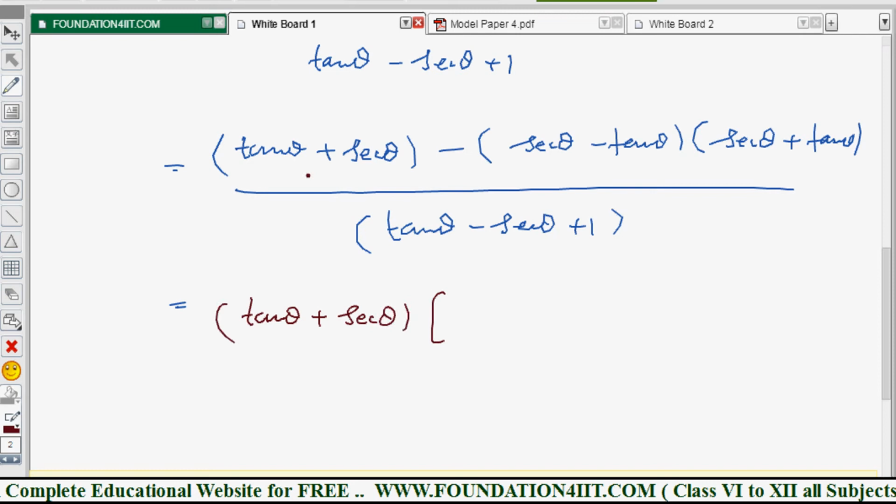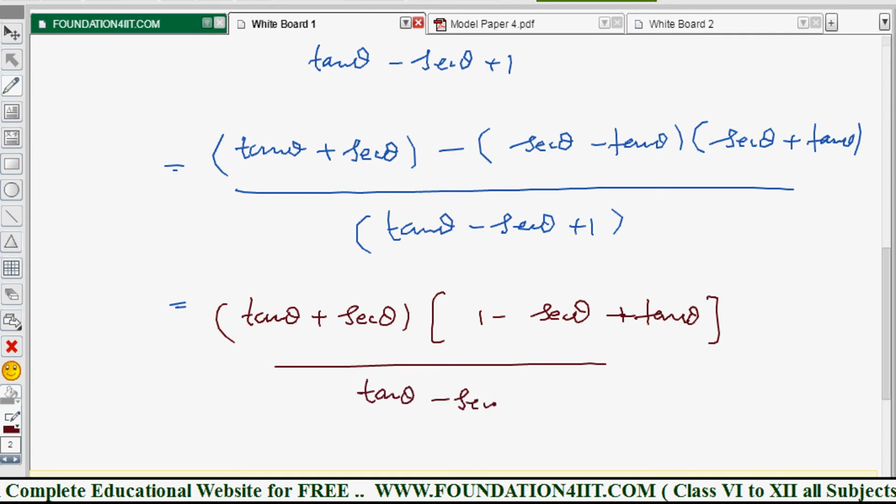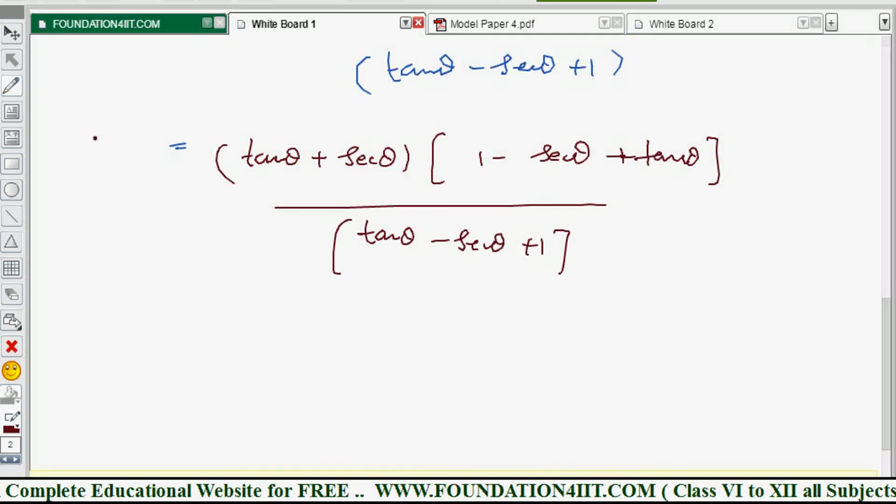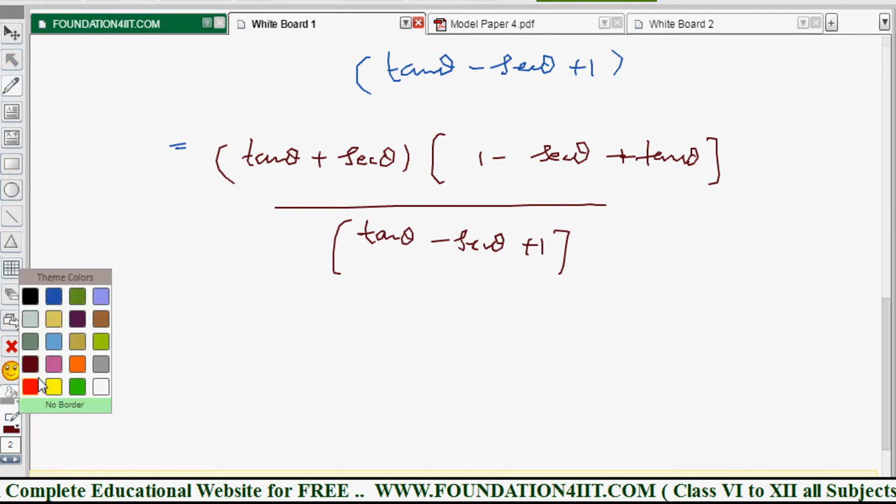Then remaining here is 1 minus, and here sec theta, then remaining is the rest, so minus sec theta, and minus into minus is plus, tan theta is left in the numerator, divided by the same denominator, tan theta minus sec theta plus 1. If you observe the numerator and denominator, these brackets are the same. Here plus 1 minus sec theta plus tan theta. So you can do cancellations in both.